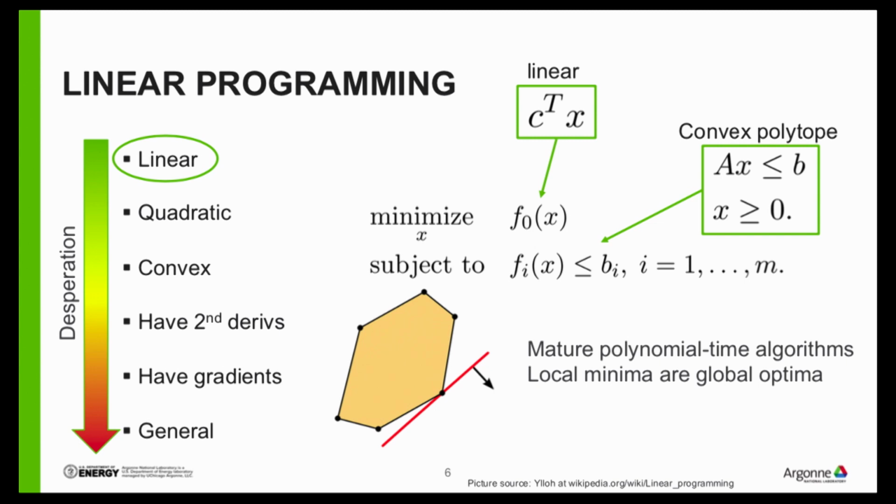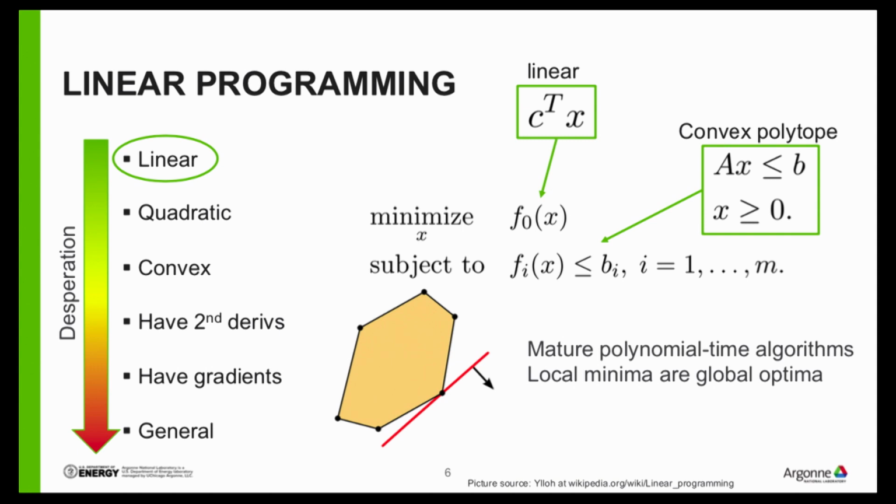And here, the red line you could think of as your objective function. So if you think of level sets or changing the intercept, you could move the line along and try to minimize where the line is, restricted to this region. So if you can write your problem as a linear program, there are great polynomial time algorithms for this. And local minima are global optima, so that's great.